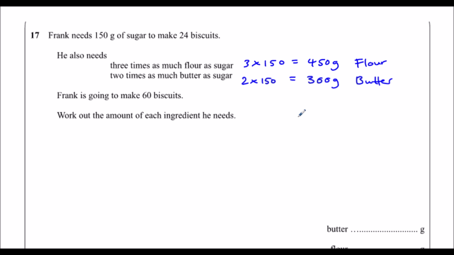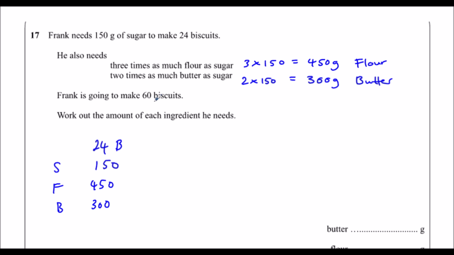Frank is going to make 60 biscuits. Work out the amount of each ingredient he needs. So we've got the ingredients for 24 biscuits here, and we need to make 60. So for 24 biscuits, we need 150 grams of sugar, 450 grams of flour, and 300 grams of butter.